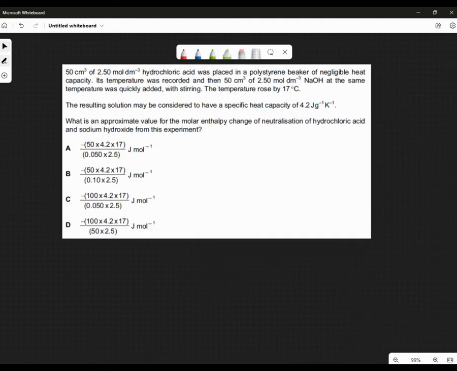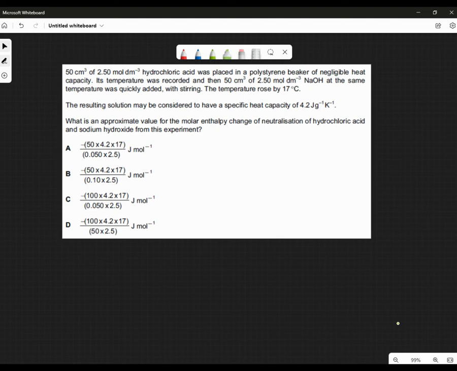I'll redo them. This one is one of these calorific ones. We've got 50 cc's of 2.5 molar HCl, and we add it to 50 cc's of 2.5 molar NaOH. So the same number of moles is being added to each other, which is good, so nothing is in excess.